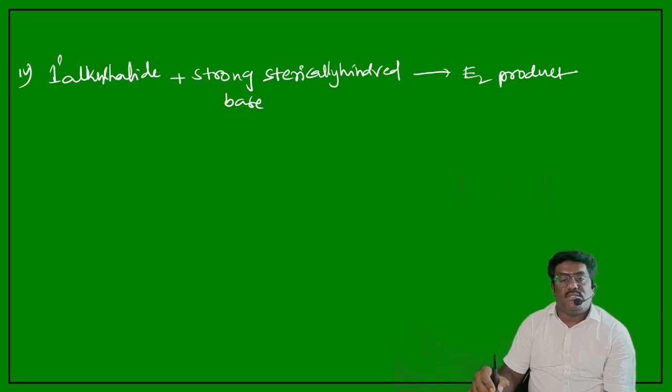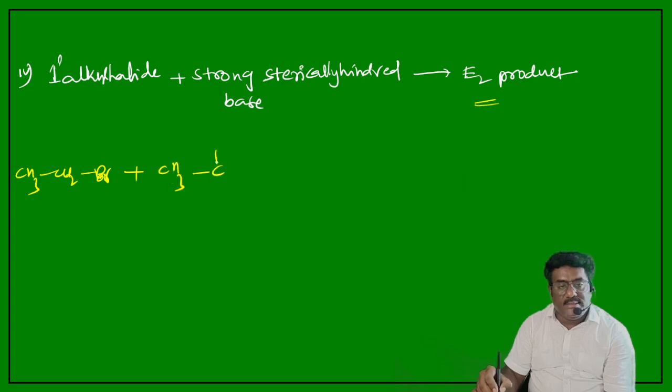A primary alkyl halide with a strong sterically hindered base. What is the product? It gives the E2 product. I am writing primary alkyl halide CH3CH2Br in the presence of a strong sterically hindered base, potassium tertiary butoxide, (CH3)3CO minus K plus.